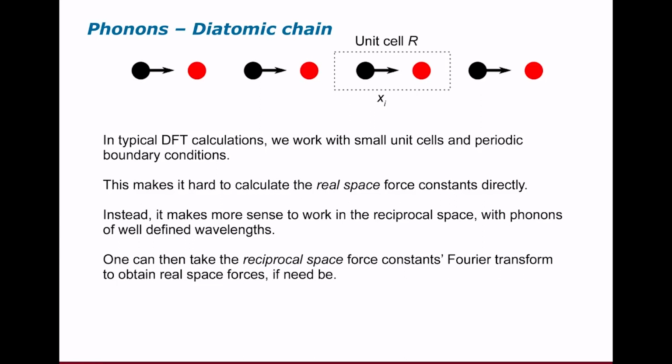So what we do in DFT instead is we work in the reciprocal space with phonons of well-defined wavelengths. So for example, I take this unit cell and I displace this atom, but as I have periodic boundary conditions, every other equivalent atom in all the unit cells in the infinite crystal is displaced as well. So that would be a typical DFT calculation I make.